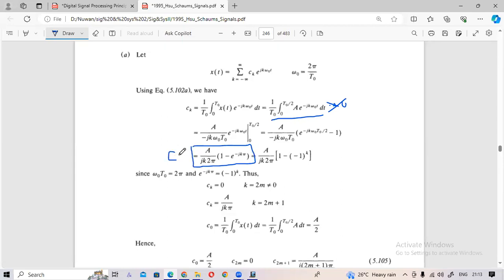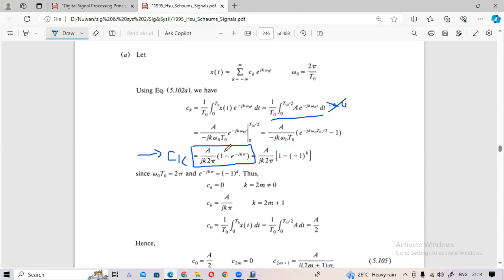This is c_k. Using this one you can find any coefficients, c minus 1, c minus 2, c minus 3, likewise, 1, 2, 3. But when you are finding c naught, that is the DC component, for example, if you put 0 here and 0 here, what happens? e to the power 0 will be 1.